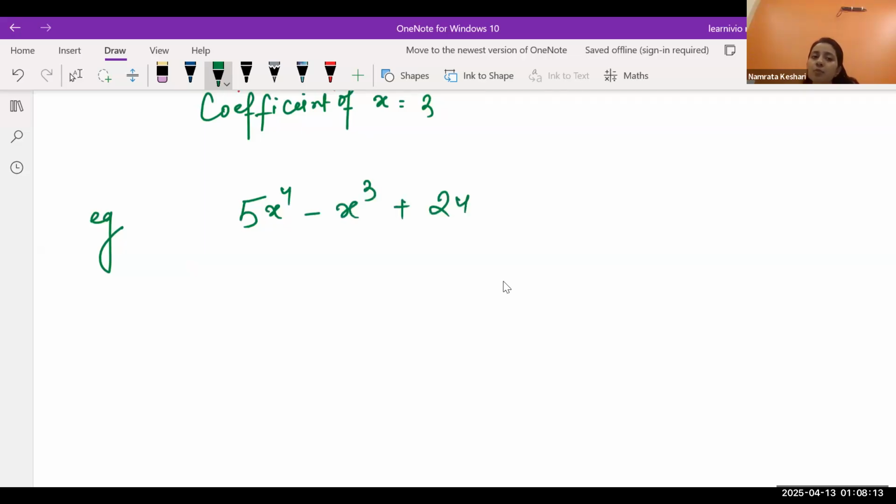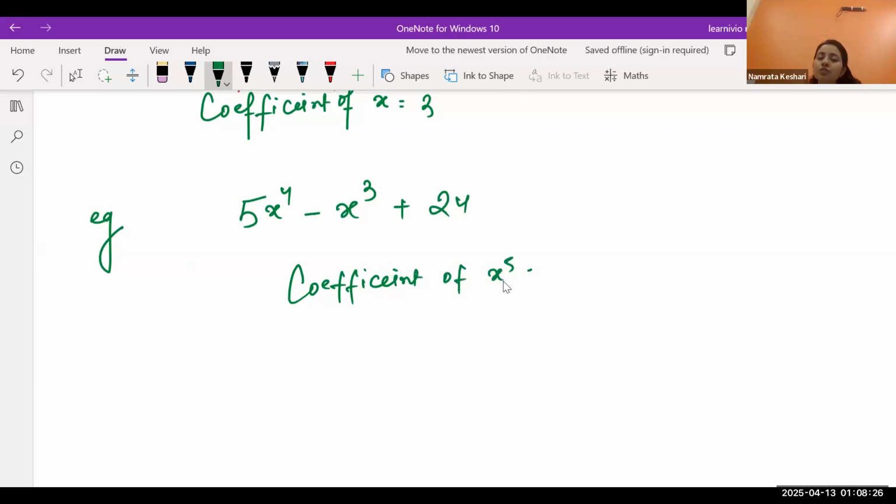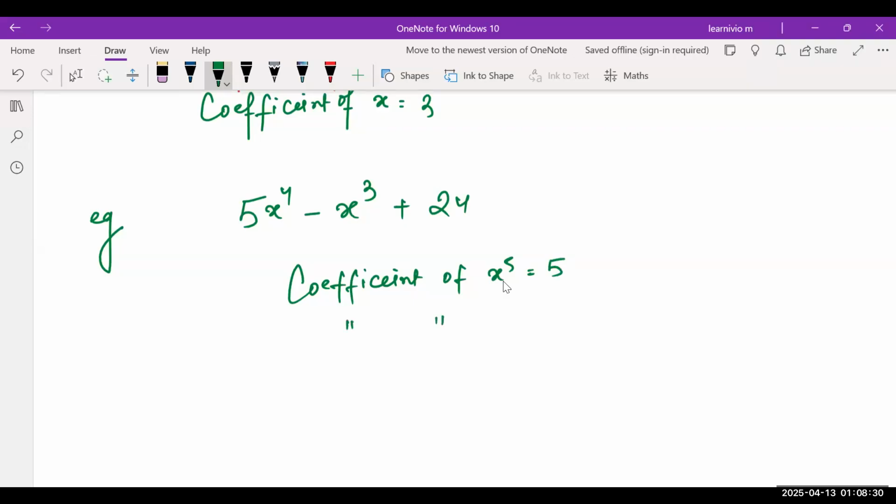And here, if we are supposed to write the coefficient of x to the power 4, can you tell me what will be the coefficient of x to the power 4? 5. Yes, perfect. And what about the coefficient of x cube? Negative 1. Yeah, it is negative 1.